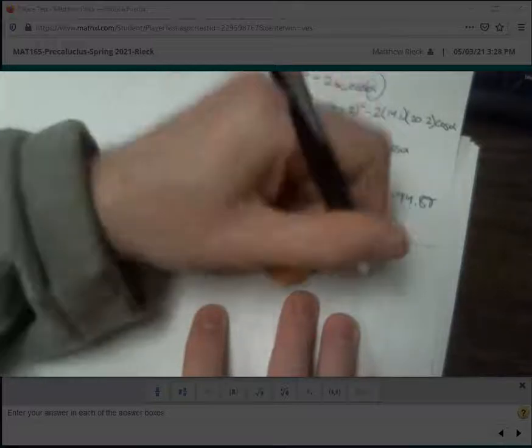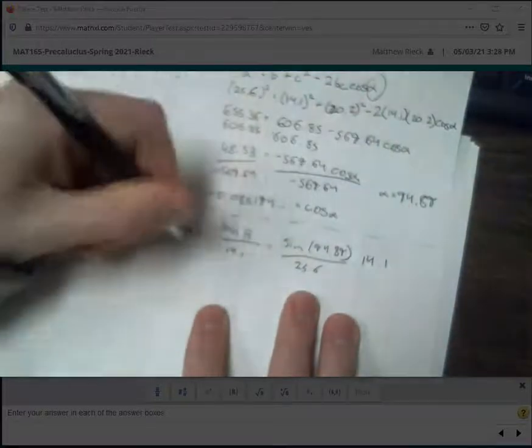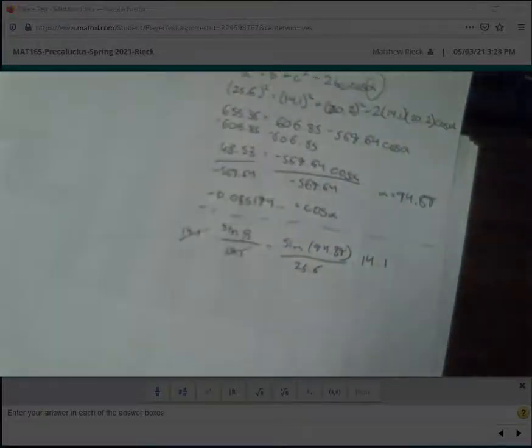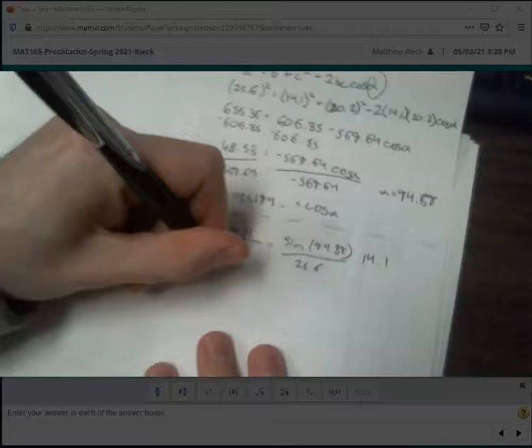So we can multiply both sides by 14.1. So I take 14.1 sine of 94.89 divided by 25.6.